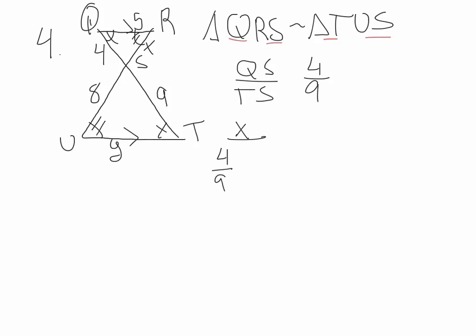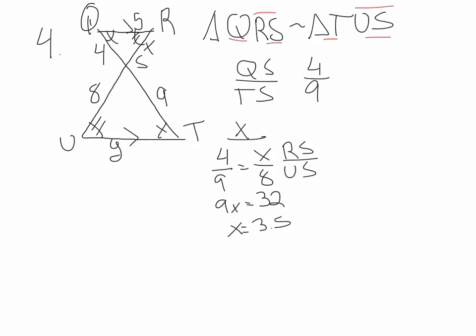I have 4/9. x is RS, the last two sides, and RS corresponds to SU. So my second ratio is RS over SU. RS is x, US is 8. So I'll get 9x equals 32, and x equals 3.5.